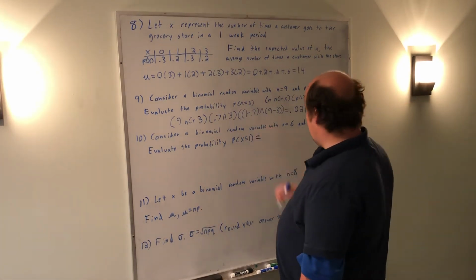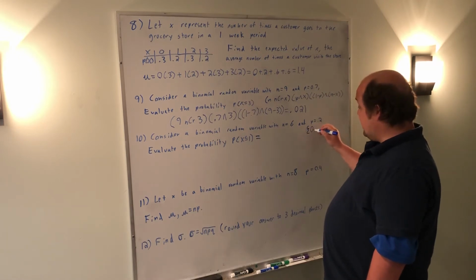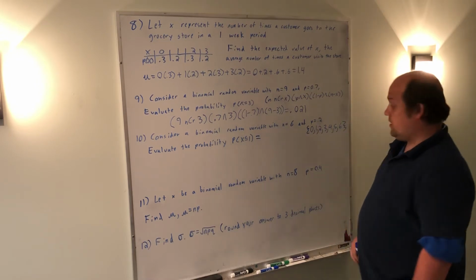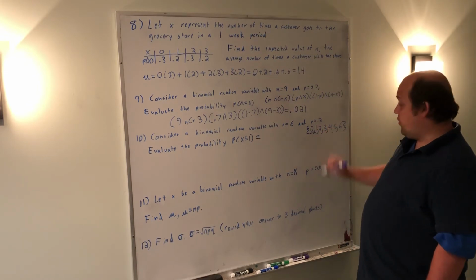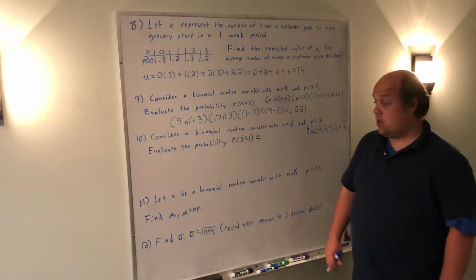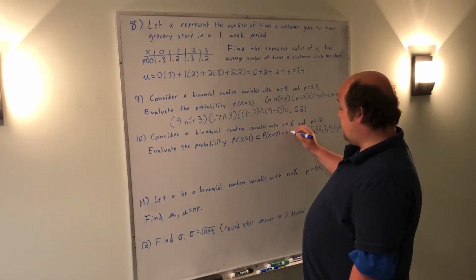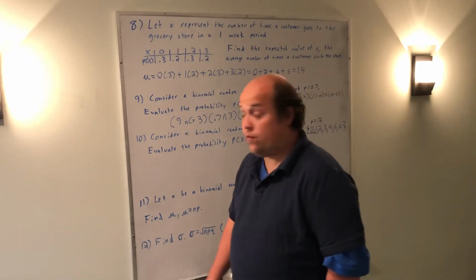So here, if it's out of 6 total things, the possible sample space is I get 0, 1, 2, 3, 4, 5, or 6 possible successes. Of these, the ones that are less than or equal to 1 are the first 2, 0 and 1. So really, this is another way of saying find the probability that x equals 0 and add that to the probability that x equals 1. So we're going to have to run the formula twice.